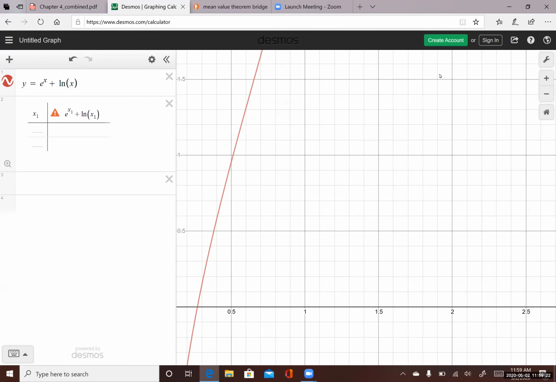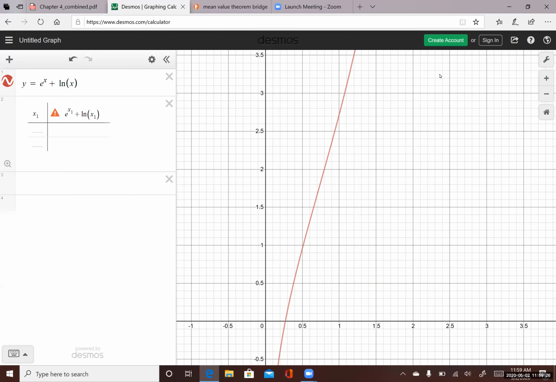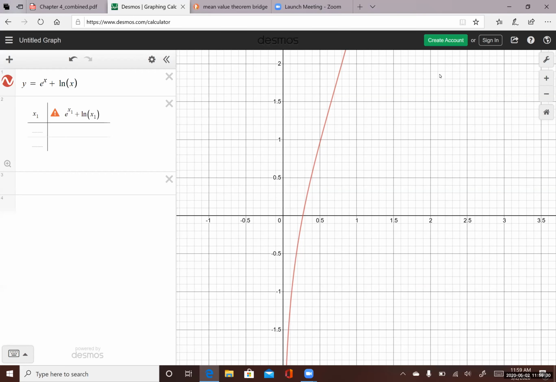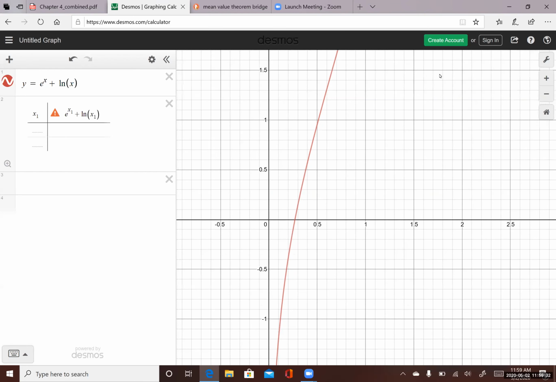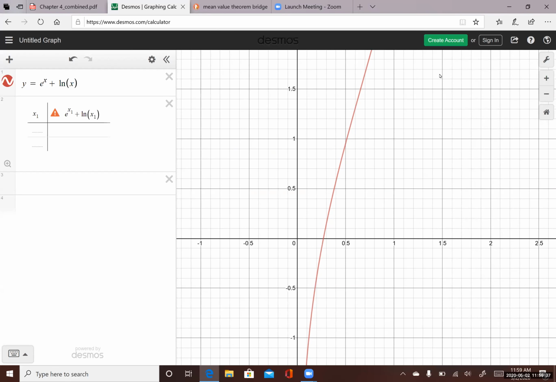Well, I look a little closer, and I can see that the zero should be somewhere in between 0.2 and 0.3. So by looking at the graph, I set my closed interval from 0.2 to 0.3.